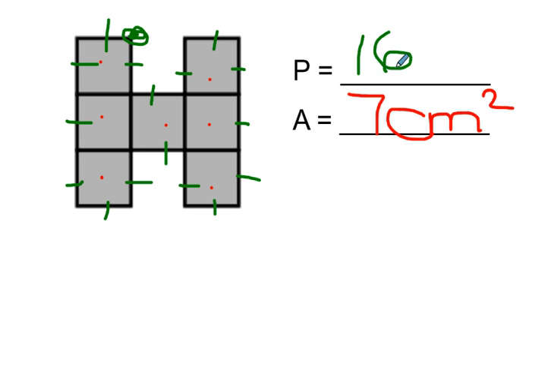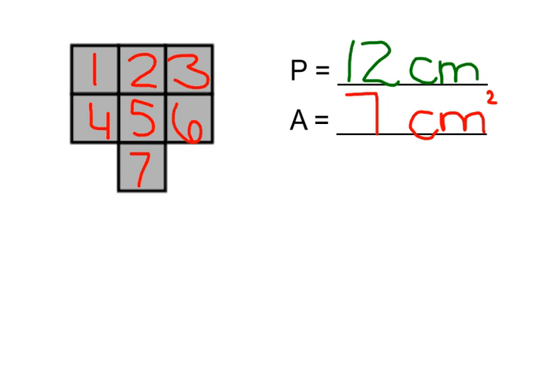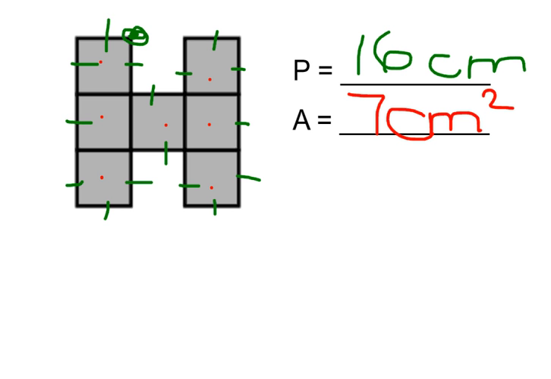So the perimeter, the distance around the shape, is 16 centimeters. Well, hold on. But that one was only 12. Is it possible then that two shapes can have the same area but different perimeters? We might have to investigate that more next time.